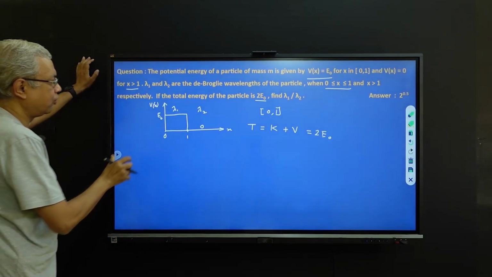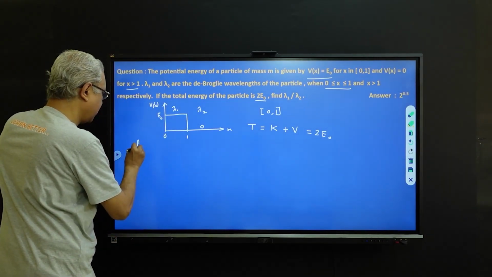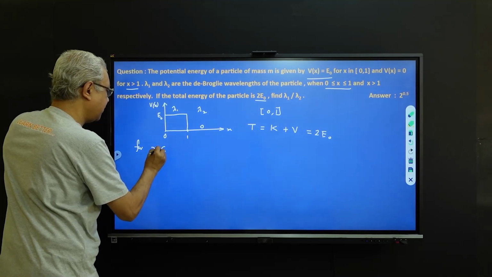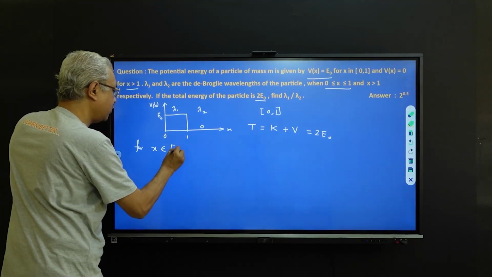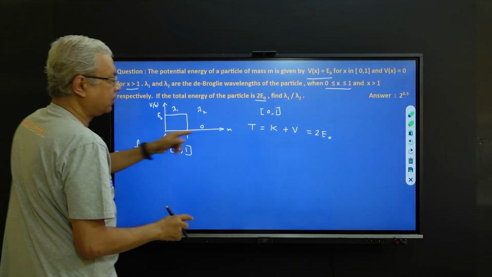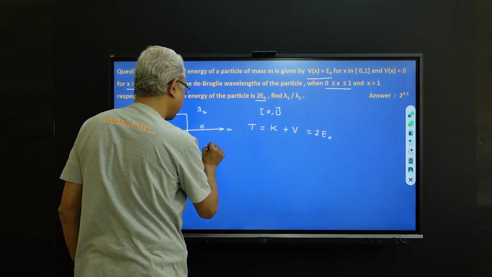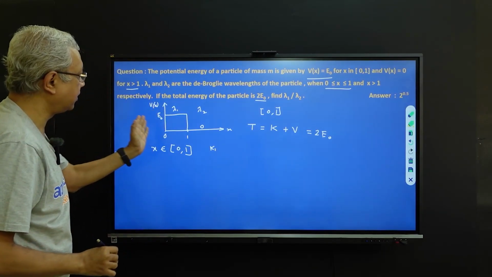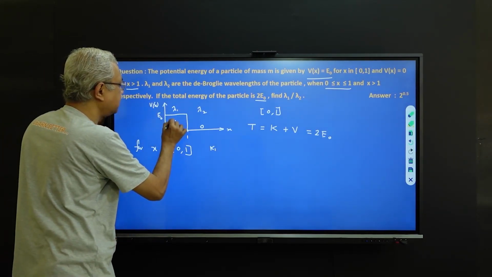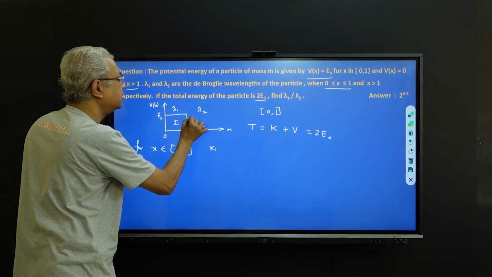That means for x in 0, 1, from this equation you can write K1, the kinetic energy of the particle in region 1. I call this region 1 and call this region 2.